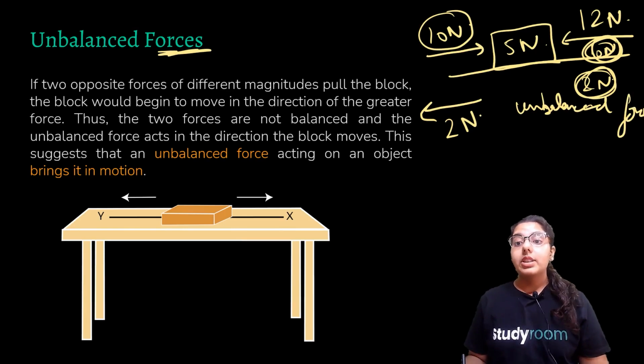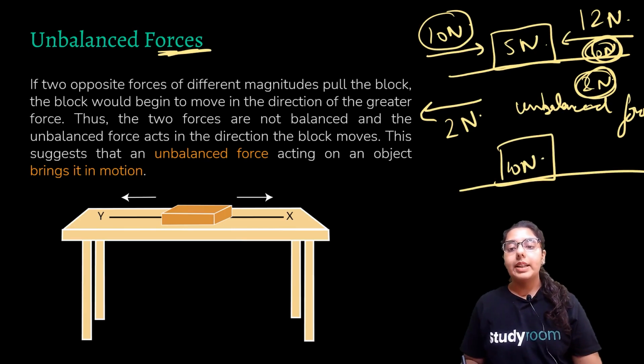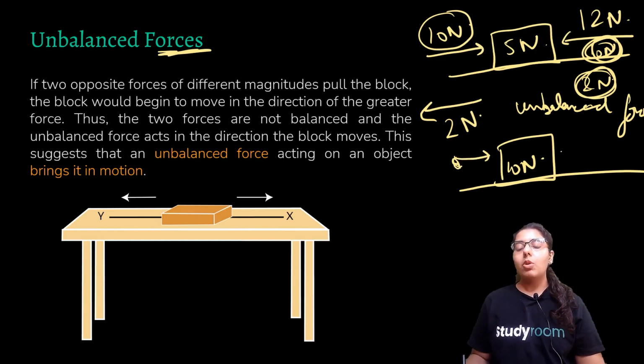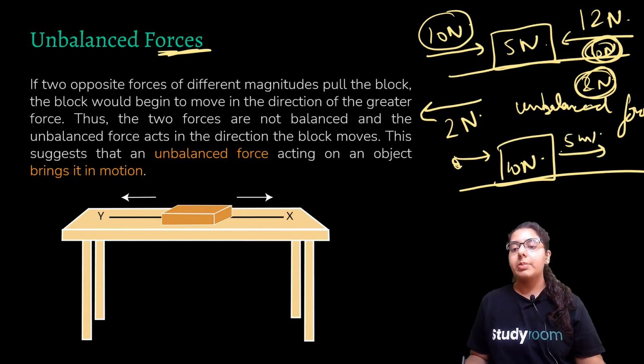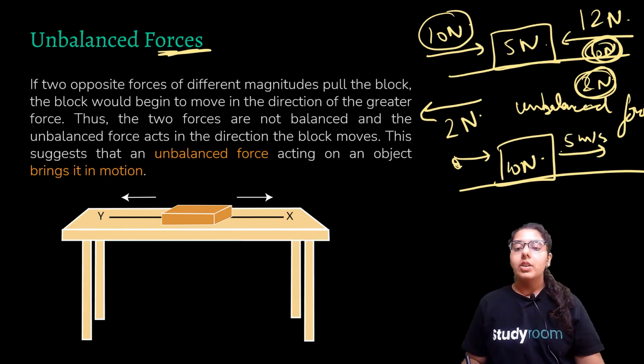Let's see one more condition. For example, you have one block, let's say a 10 Newton block, and your friend is trying to push it, and this block is already moving with a speed of 5 meters per second. And your friend is trying to push the block, let's say, with a force of 12 Newton.